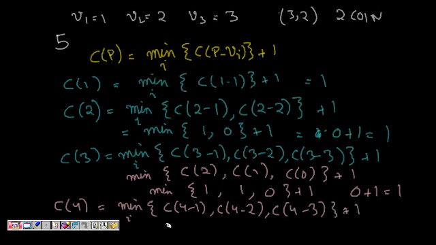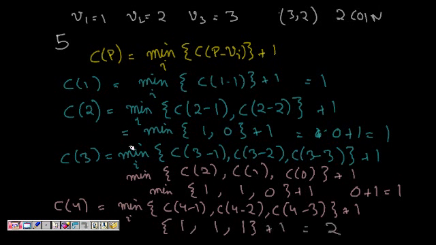So this means I have the best possible changes: C of 3 is 1, C of 2 is also 1, and C of 1 is also 1 coin, plus 1. So this comes out to be 2.